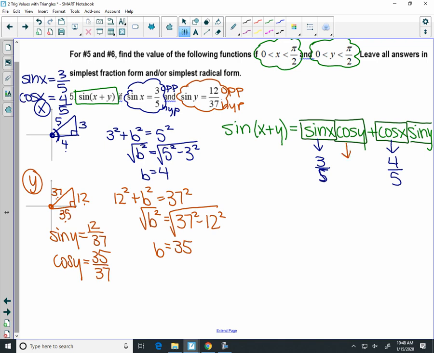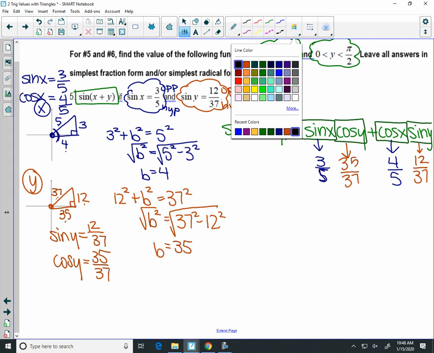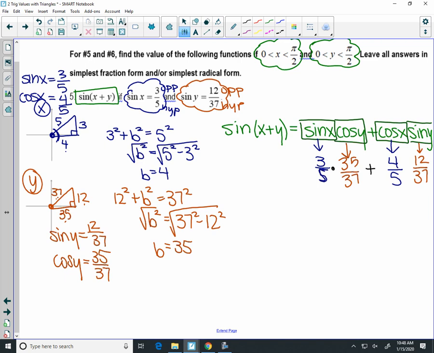So cosine of y is 35 over 37. Sine of y was 12 over 37. I'm going to put my symbols in here. Here we're adding, here we're multiplying, and now you probably see why I give you a calculator for this unit.